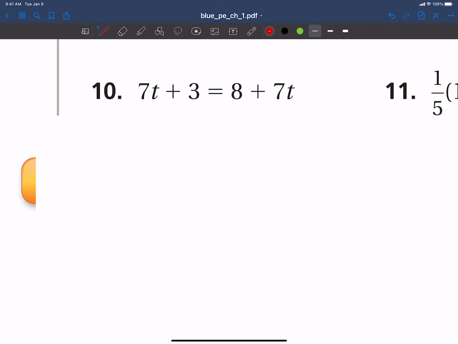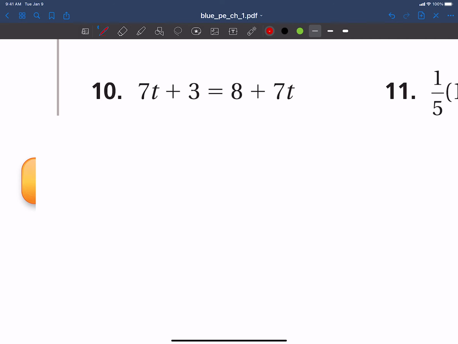They both disappear, which leaves me with just 3 equals 8. 3 is not 8. That's silly. So the answer is no solution. Remember, if your variables disappear and your numbers don't equal one another, it's going to be no solution.